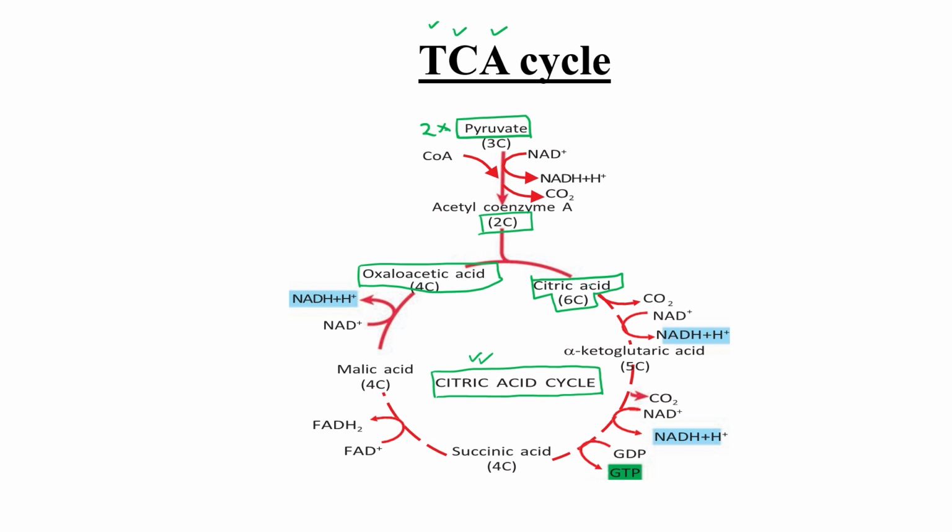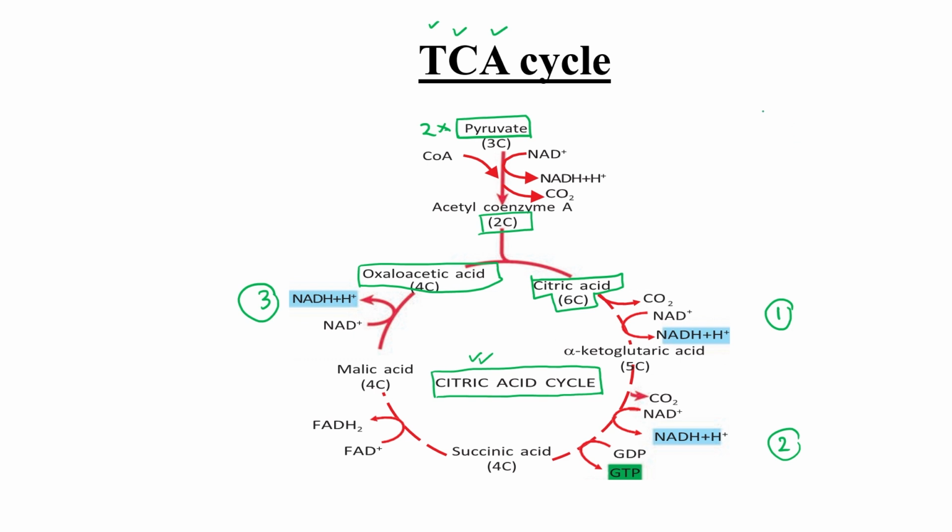After this citric acid cycle, many other components are formed, and during the formation of one component from another at 3 different levels, NADH is generated, first, second, and third.